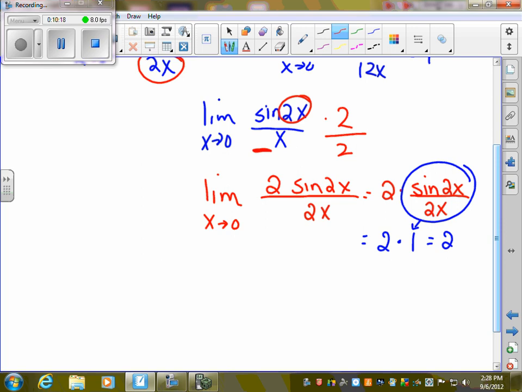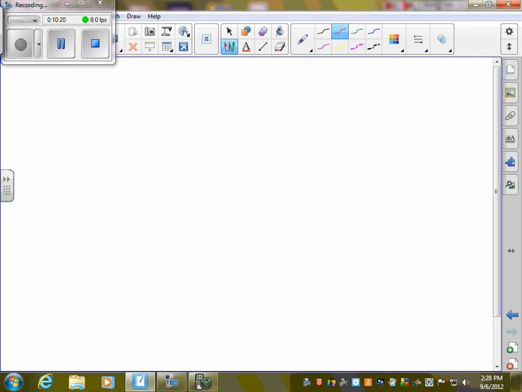Okay, let's look at another one that's similar to that. Let's say we have the sine of 5x over 3x. I want the limit as x approaches 0.